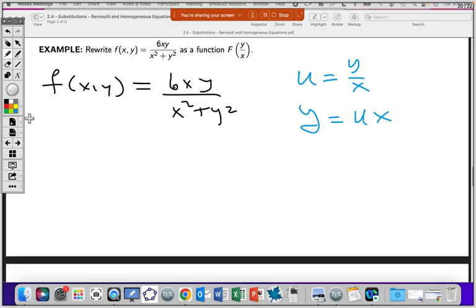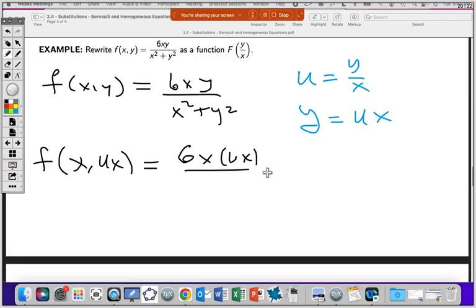And so let's see what happens if I substitute that in. F of x comma ux. Because of the homogeneity, the x's should all cancel out. So this would be 6x times ux over x squared plus ux squared.